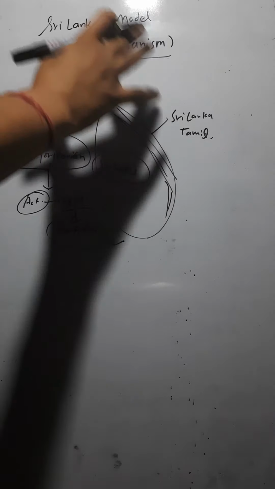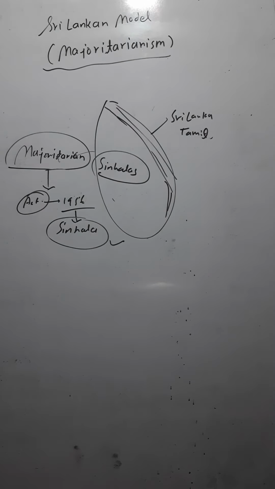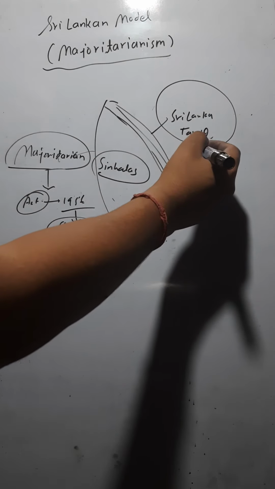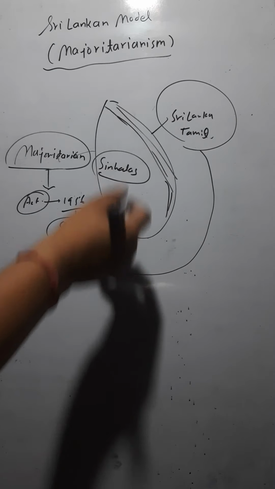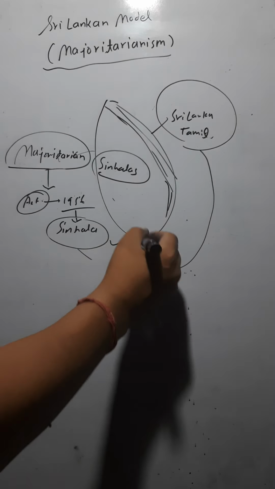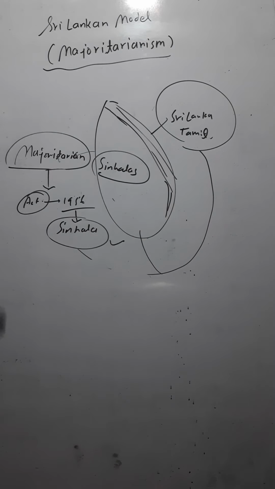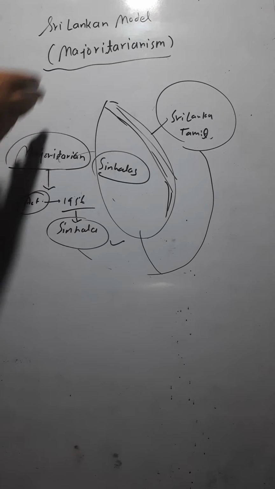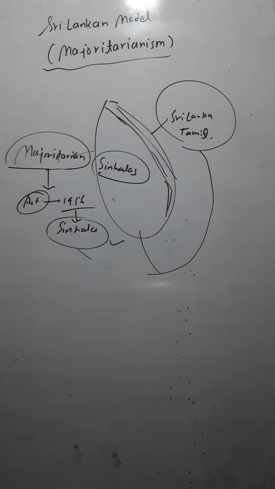On the basis of these majoritarian steps, there was some conflict between the Sri Lankan Tamils and the Sinhala, because the steps they were taking were not in favor of the Sri Lankan Tamils, isn't it?